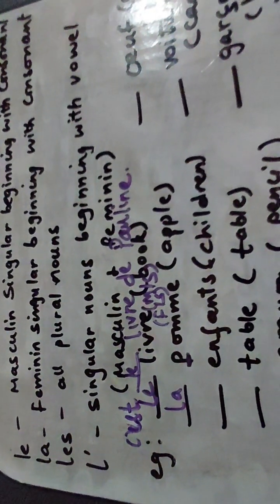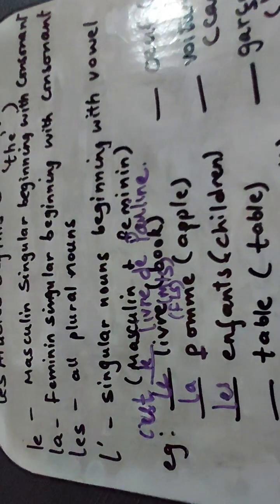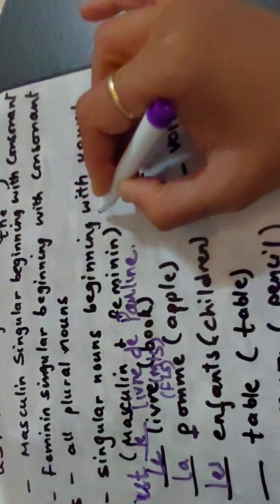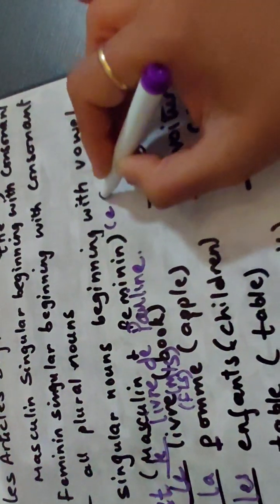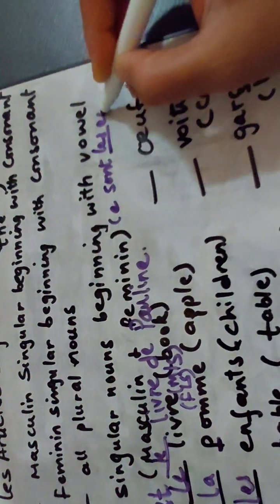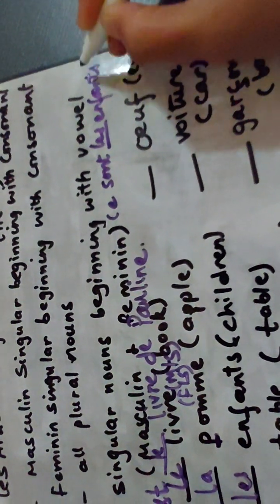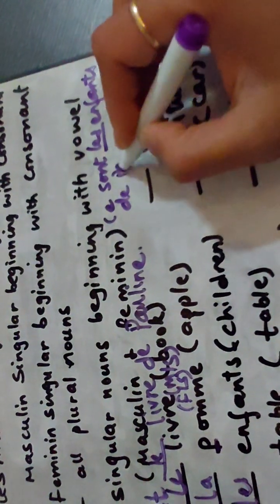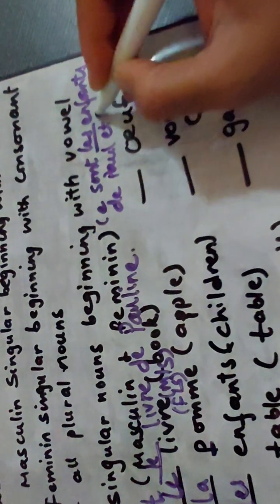The next is enfant. Enfant means children. Now, for all plural nouns, what do we use? We use les. Do we say this is the children? No. In that case, we will say these are children.